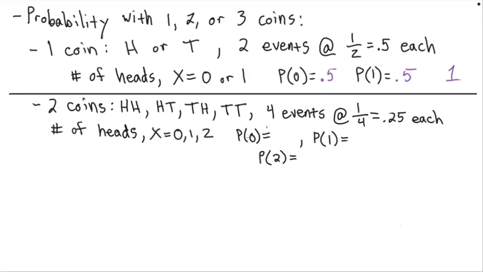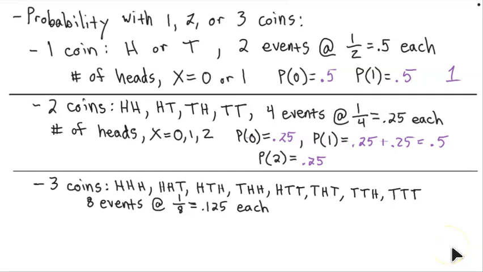So the probability of 0 is only 1 event, so that's going to be 0.25. But the probability of 1 head, because that includes 2 events, is going to include the probability of both of those events, 0.25 plus 0.25 for a total of 0.5. So the probability of flipping 1 head on 2 coins is 0.5, where the probability of 0 is 0.25, and the probability of 2 heads, both heads, is also 0.25. So hopefully that idea will help us understand when we look at the probability of 3 coins.